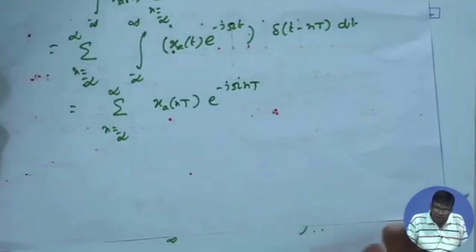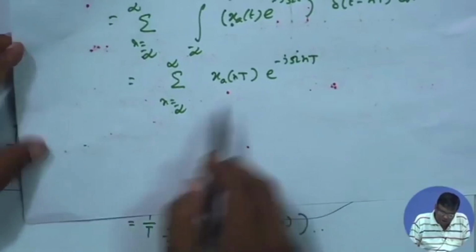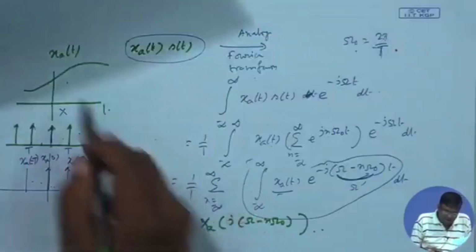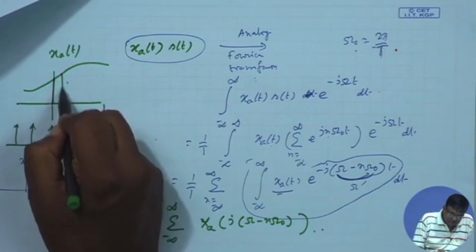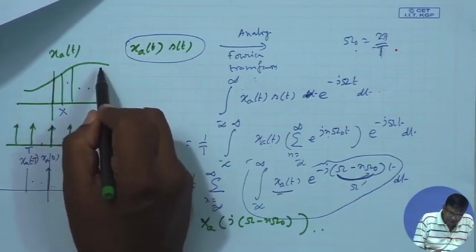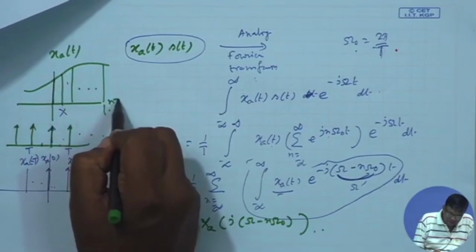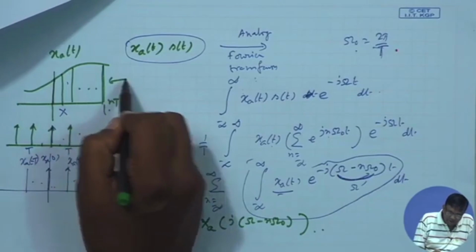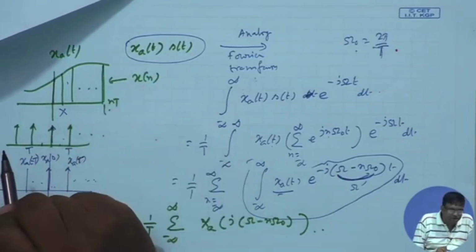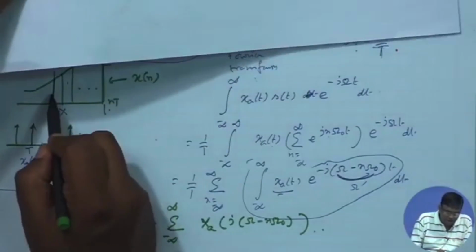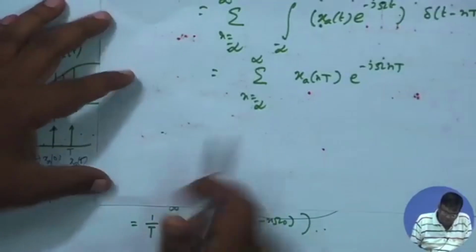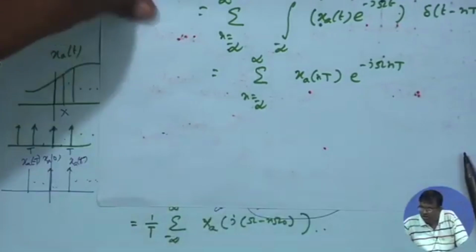Now, what is this x_a(nT)? That is this function at n into T, this point. This is what I call the nth sample x[n], isn't it? That is how I constructed them.